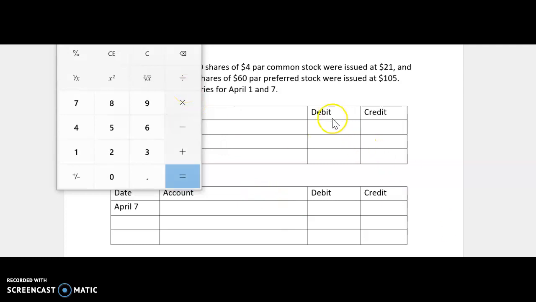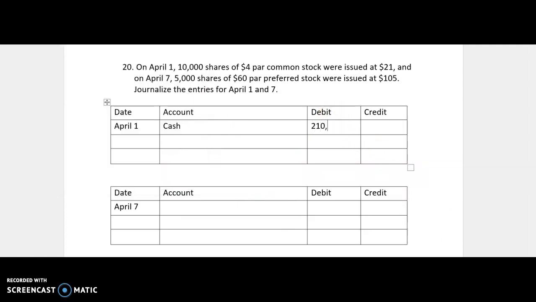So that's going to be 210,000. And then you're always going to credit common stock for the par value. So $4 par value times 10,000 would be 40,000. And the rest is going to go into your paid-in capital account.